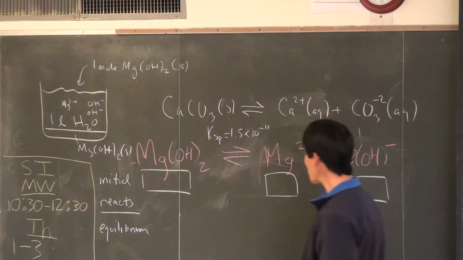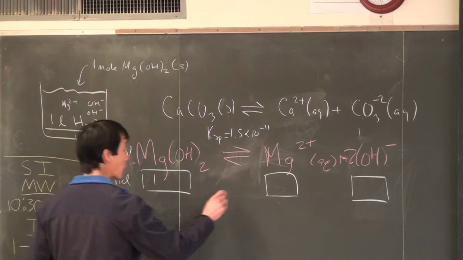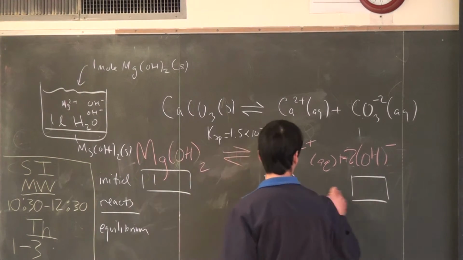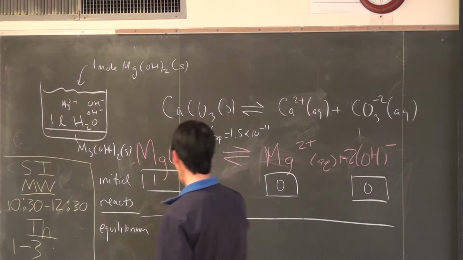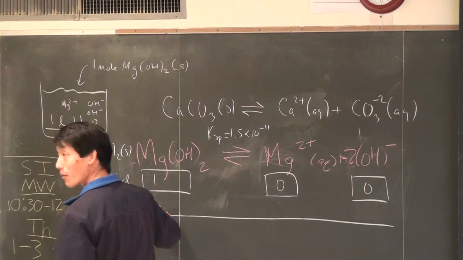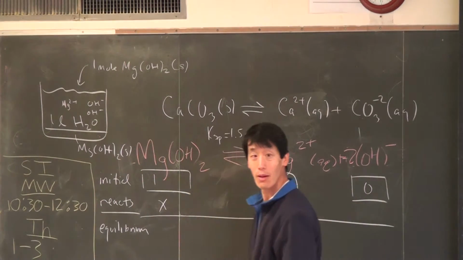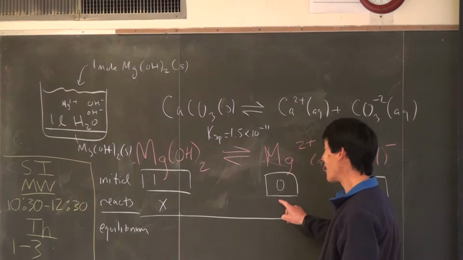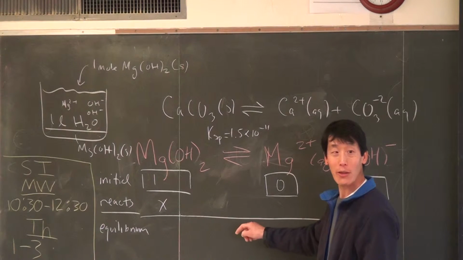Okay, so what goes into this blank here? Yeah, 1. And what are here? And then for the, what goes here? Yeah, so is X still your favorite variable? Yes. Okay. What about for magnesium ion? Is X your favorite variable because that's what your math teacher always uses?